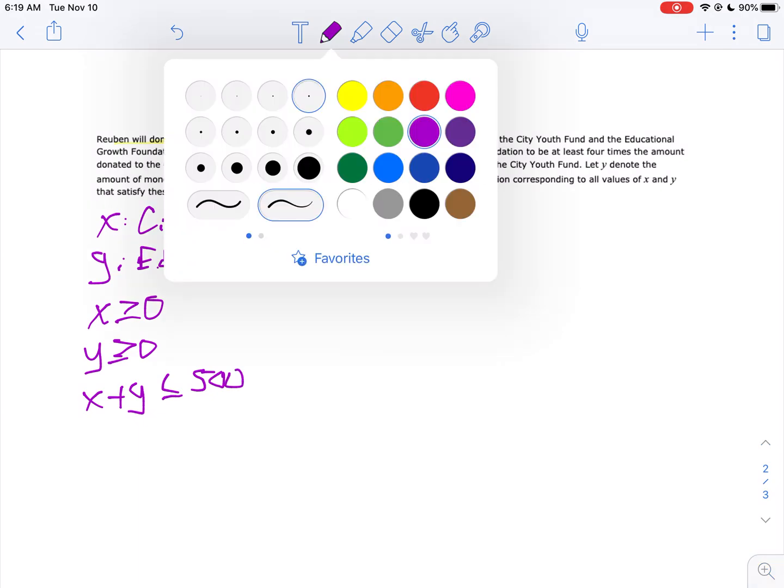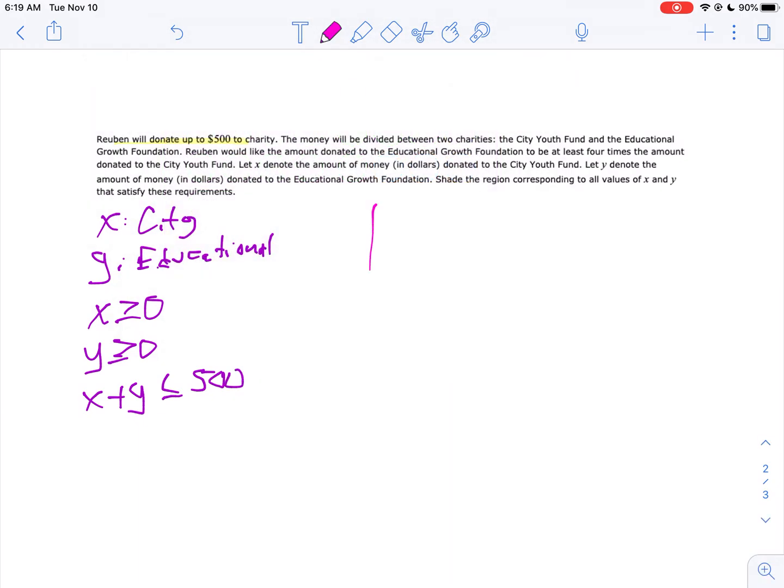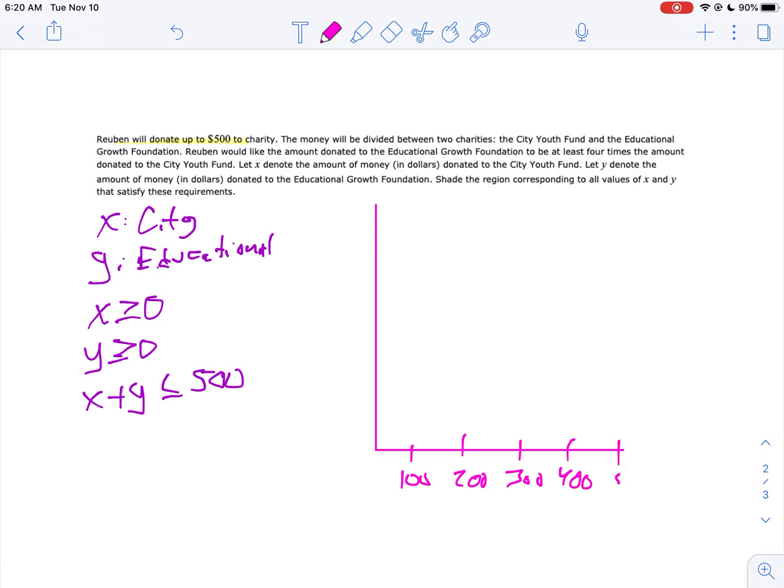So I'm going to make a graph right here. You had the nice graph on yours. And so here's 100, 200, 300, 400, and 500. And I'll do the same thing for the Educational Growth Fund. There's 100, 200, 300, 400, and 500.